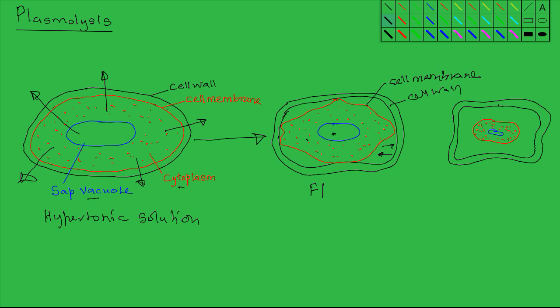So you talk about a flaccid cell, one that has lost its turgidity. Now, as the shrinkage of the cell continues and the plasma membrane detaches from the cell wall, the cell becomes flaccid, or it's also said to be plasmolyzed. The cell is said to be plasmolyzed when it loses its turgidity.